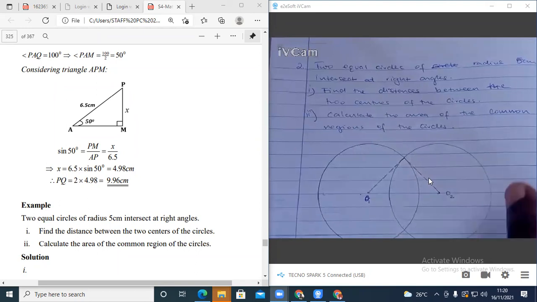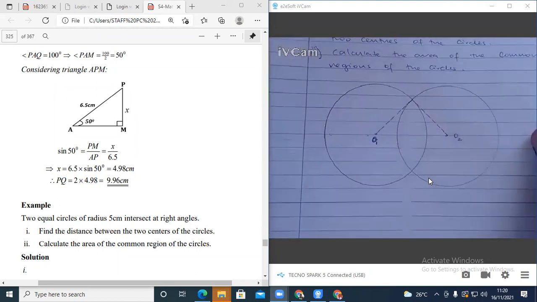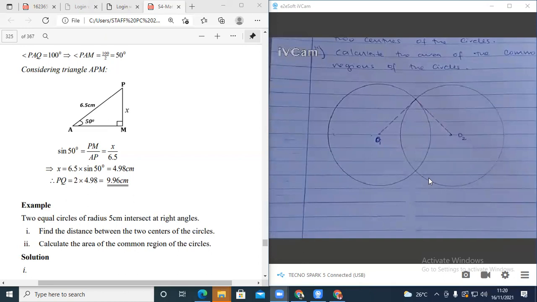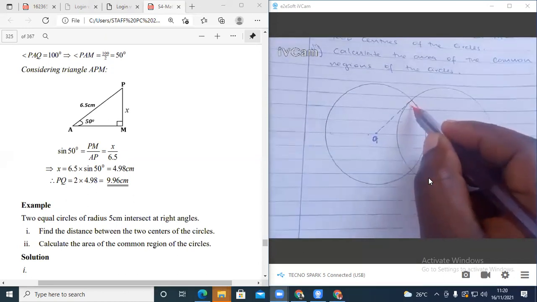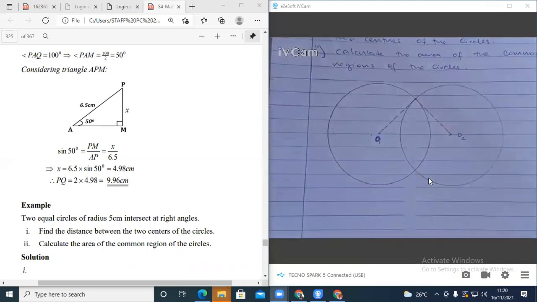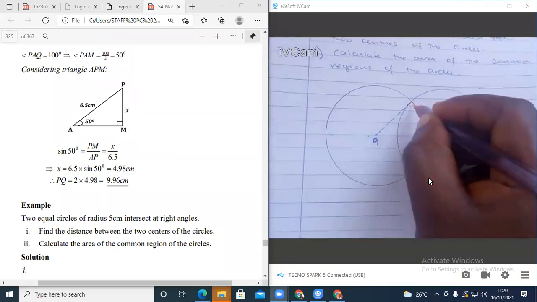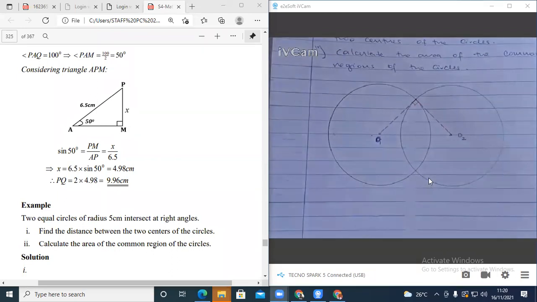I think you can see there very well. Now, the angle between these two lines here is 90 degrees. Are we together? We are seeing this angle here is 90 degrees. So they intersect at right angles. That angle there is 90 degrees. That's what they mean.